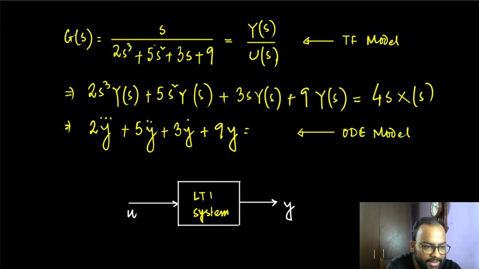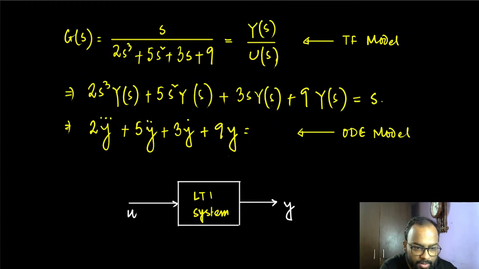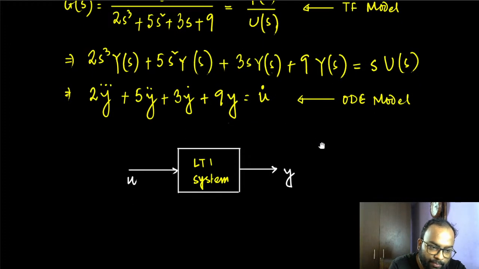Just for the moment, let's write x(s). That would be s times x(s), which is just the derivative of x. That's the ODE model. Sorry, not x, I mean we're writing u. So this is s times u(s), and this is the derivative of the input. Okay, u is not necessarily a unit step, it's the derivative of the input.